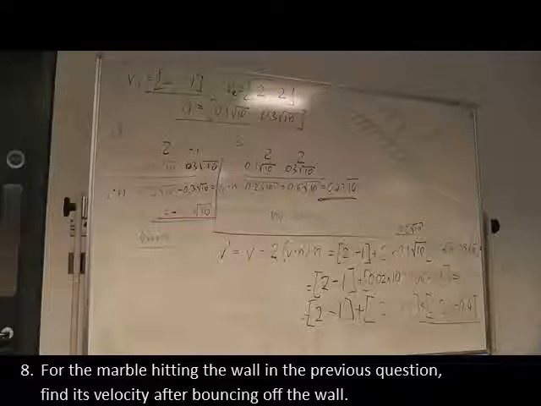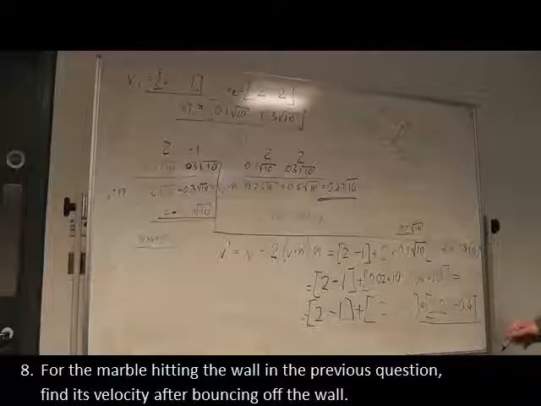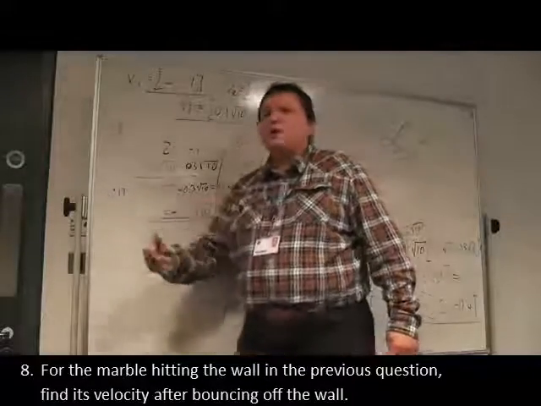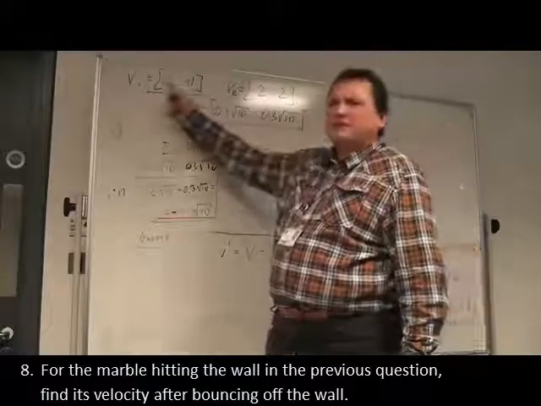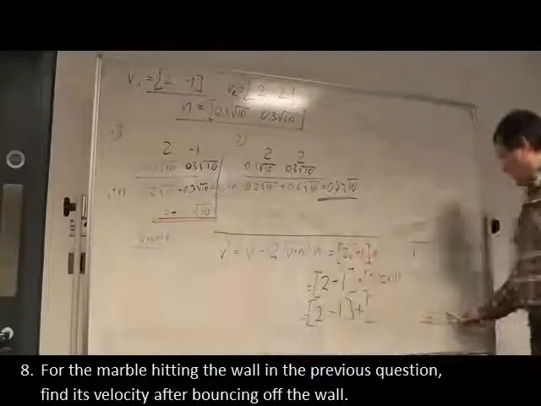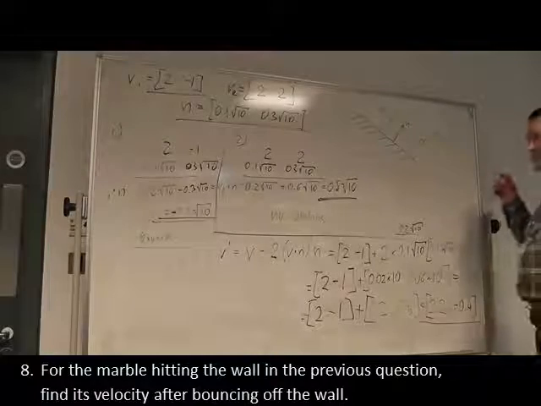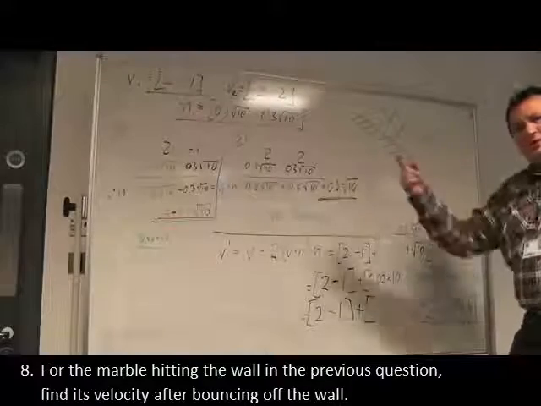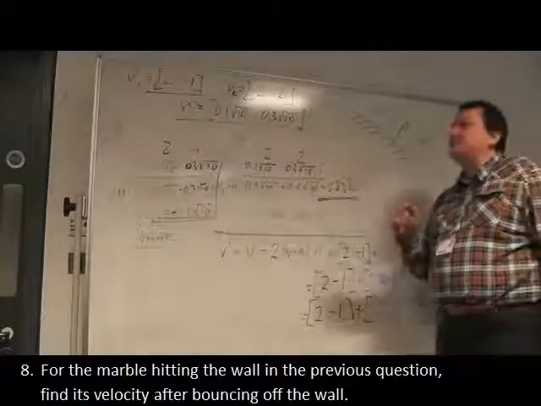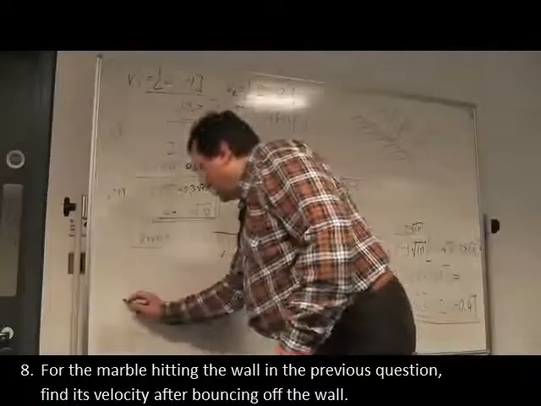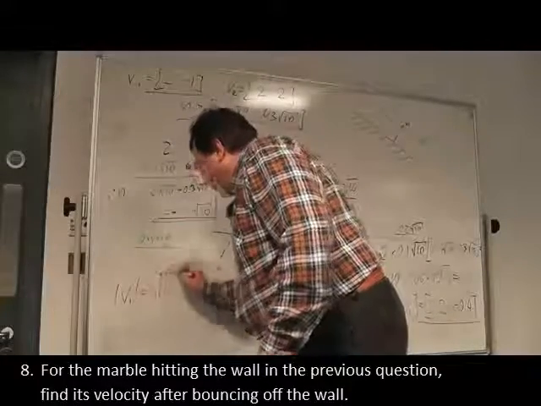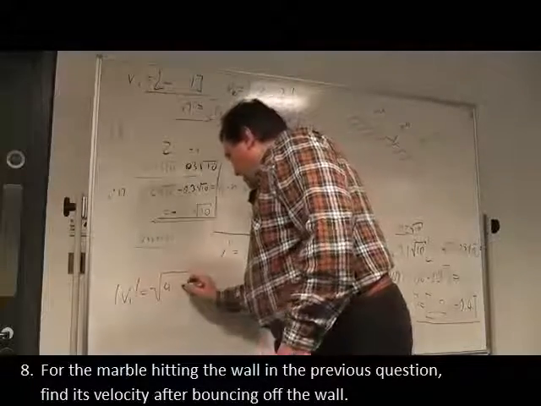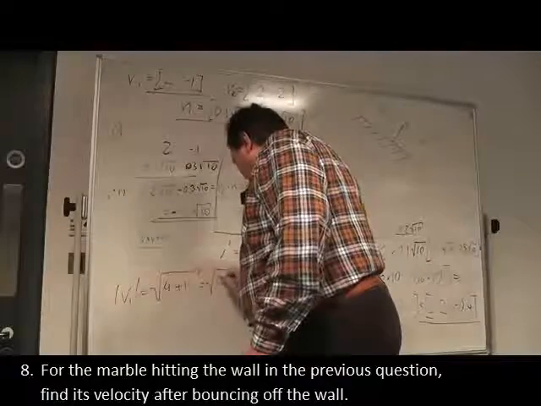If you want to double check if our calculation is correct, we can do the following additional step, which is calculating the speed before the collision and after the collision. A bounce like this with ideal reflection changes the velocity because it changes the direction, but it does not change the speed. So the speed of v1 is the square root of 2 squared, so it's 4, plus minus 1 squared, so it's 1, so it's square root of 5.